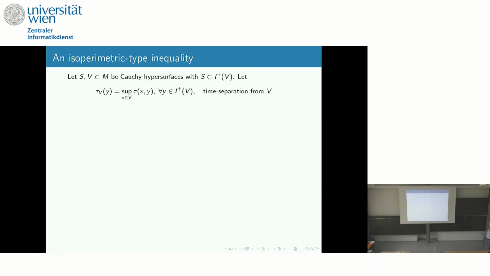Now, given a Cauchy hypersurface, I want to define basically its Lorentzian distance from it. We call it time separation from this surface. It is defined in the usual way.